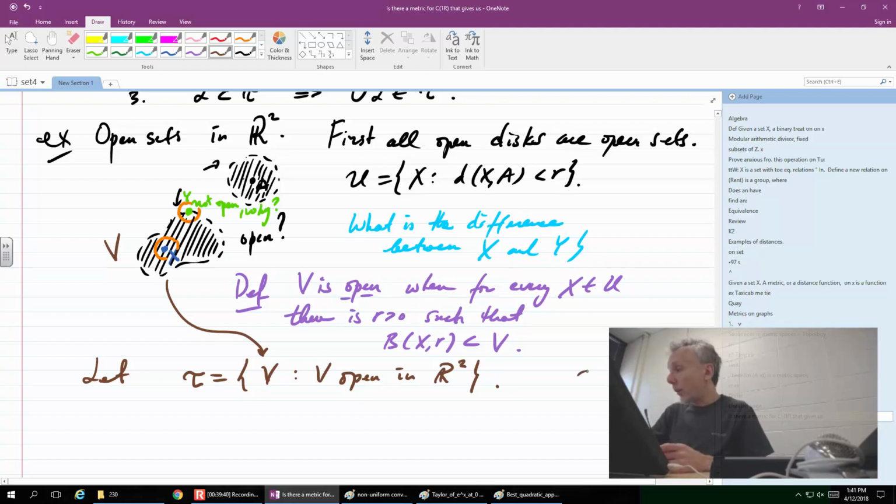For example, if I have one open ball like this, I take another open ball like that, I can put them together. What can we say about the result, the green one, two open balls put together as the union? What can you say about the green set?